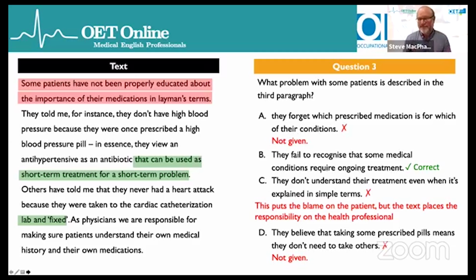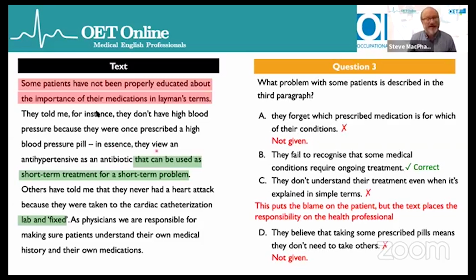And this one, perhaps you could, as health professionals, you might realize this, and let's read it. They said in the second sentence, they told me, for instance, that they don't have high blood pressure because they were once prescribed a high blood pressure pill.